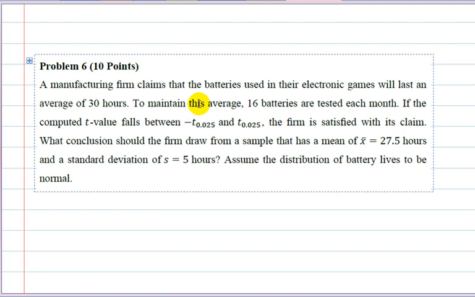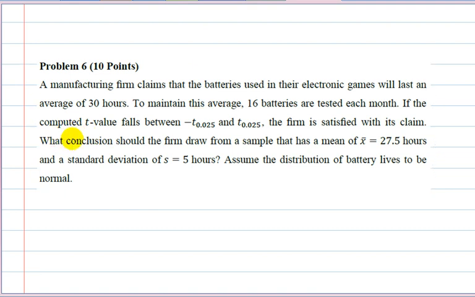Last question. A manufacturer claims batteries used in their electronics will last over 30 hours. To maintain its average, 16 batteries were tested. If the computed T value falls between these two values, then the claim is satisfied. Given these sample values, what would be your conclusion? First of all, degrees of freedom is 16 minus 1, which is 15.